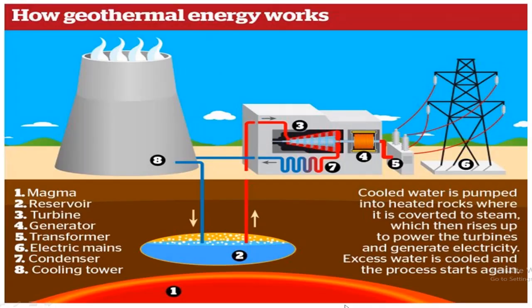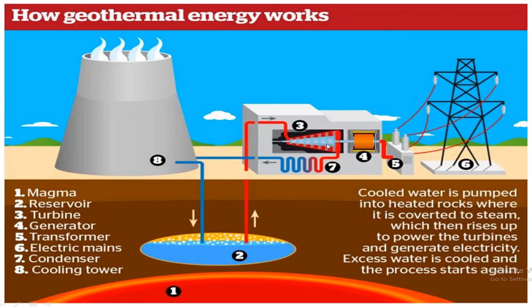Now, how does geothermal energy work? As I told you, number one is our magma, and the water well or water reservoir is located at position two. This hot water enters the turbine, which is given as number three. You can see here also that the turbine is coupled with the generator, or both are attached.